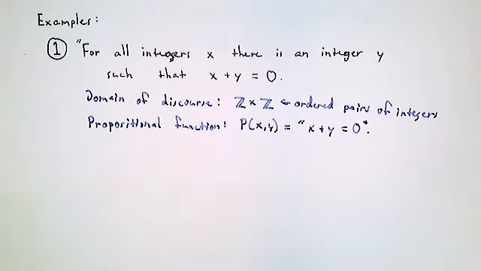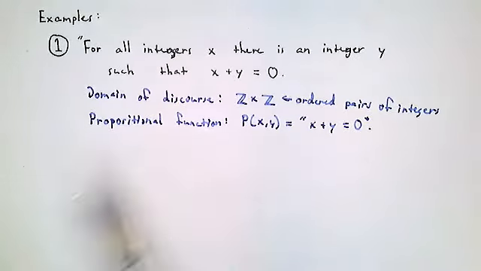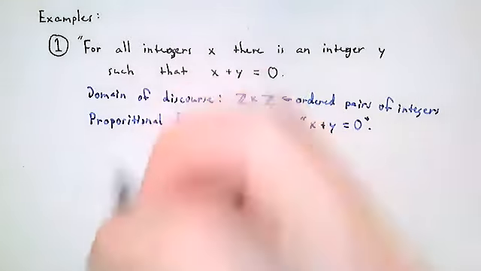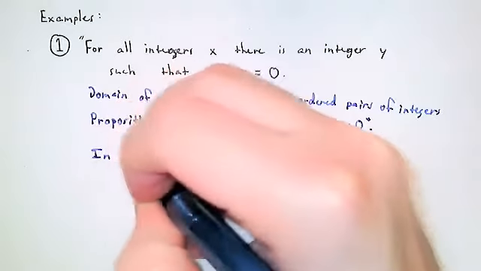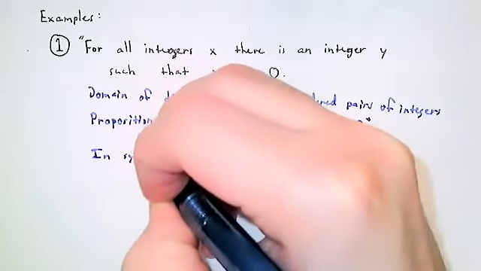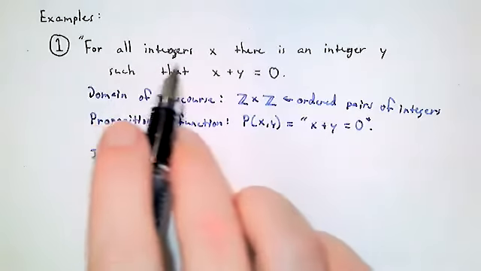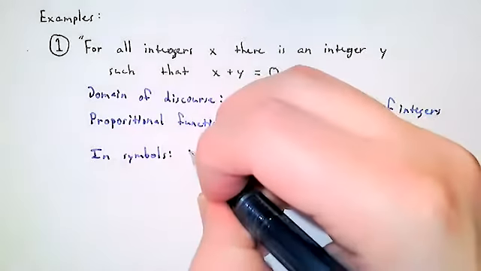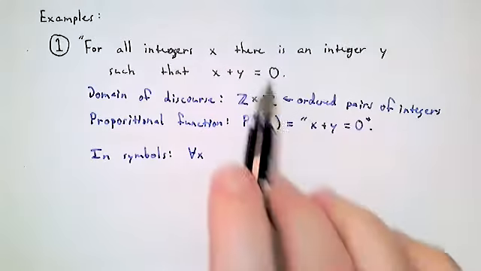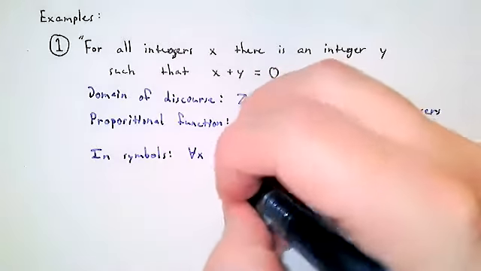Good. So now we can put these symbols together with the proposition to write it out symbolically. We need a universal quantifier for x, for all integers x. And then we need an existential quantifier for y. There is an integer y.